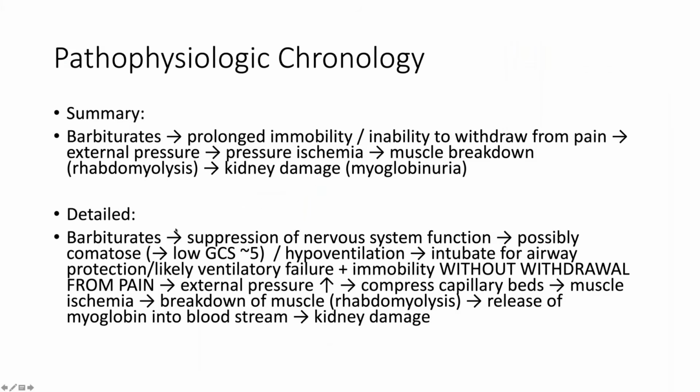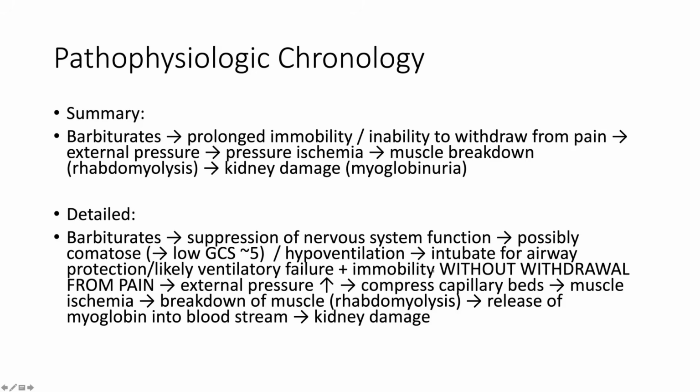The more detailed one would be: barbiturates suppress nervous system function. That's the critical part, that you're suppressing nervous system function. So possibly comatose, like low GCS, so his motor would be maybe 3. Hypoventilation, because he couldn't protect his airway, so he was intubated for airway protection, and he had immobility without withdrawal from pain.